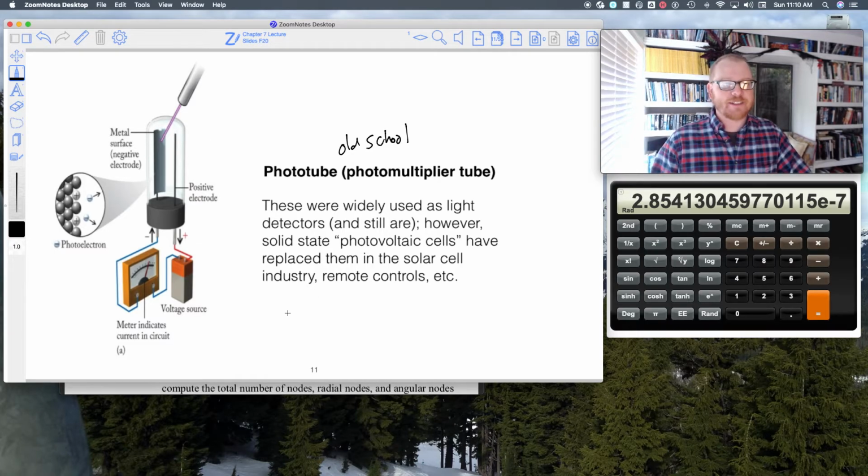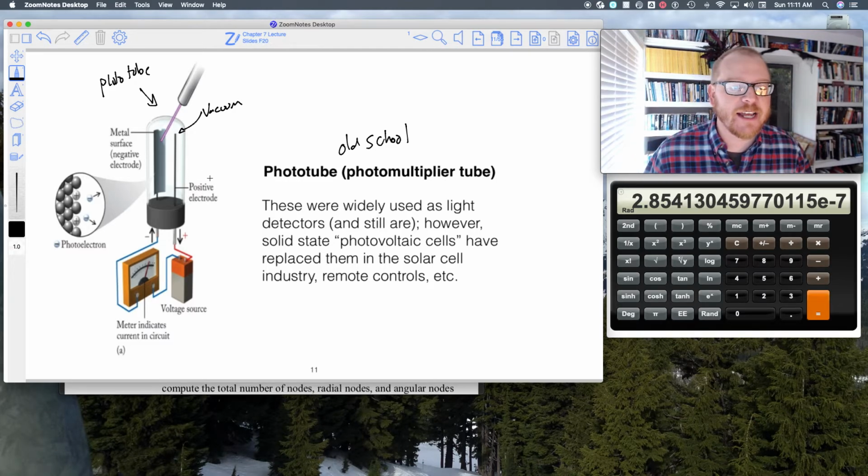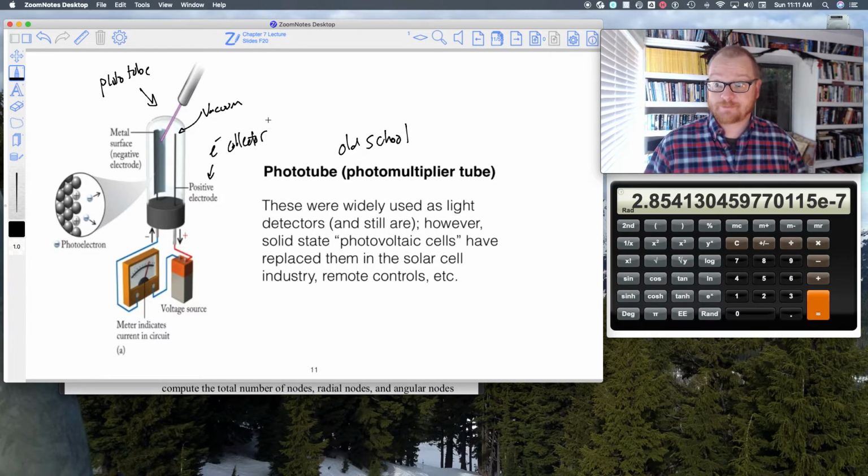And so the idea of these things is you can induce a current through light. So here is the tube, the phototube itself. It's an actual tube, right? And inside of it is a vacuum, so it's evacuated. And here you have this positive electrode, the electron collector.